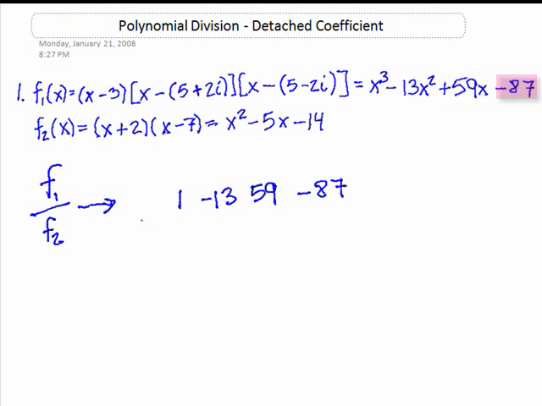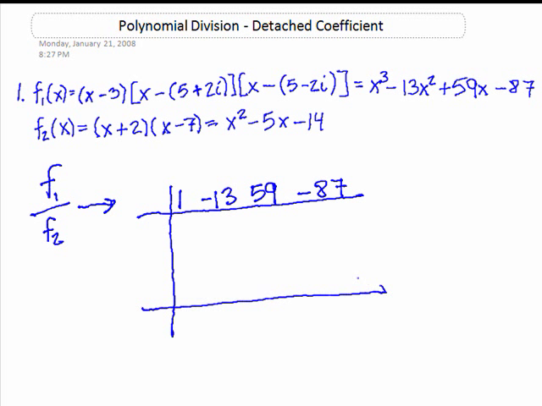Then I'm going to draw a vertical line a little bit in front of the leading coefficient, to the end of that one. We're going to draw a perpendicular line to that, like this. And then we're going to draw another line perpendicular to that one again and parallel to the first line, like so.